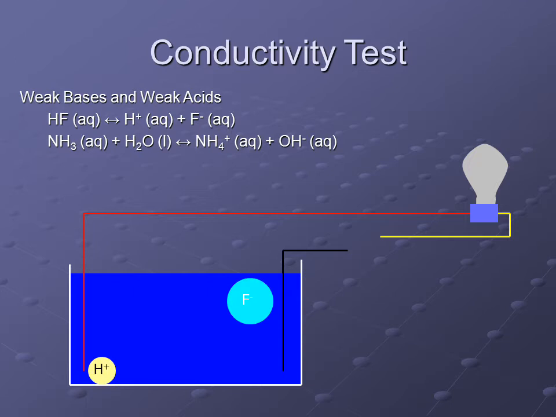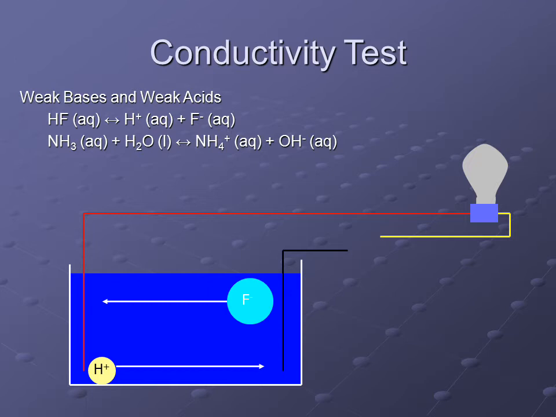Okay, so if we look at hydrofluoric acid, for example, we have hydrogen ions and fluoride ions. And the fluoride ions will be attracted to the positive terminal, and the hydrogen ions will be attracted to the negative terminal once we put some power on here, which I seem to have neglected. Alright, however, that's one of two things that the hydrogen and fluoride ions can do.